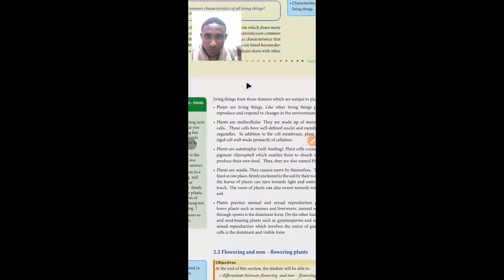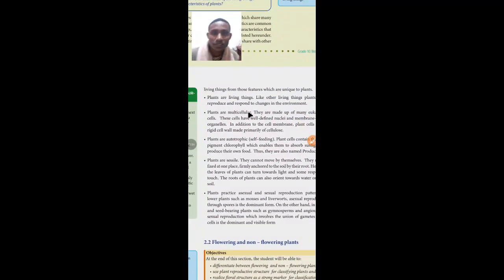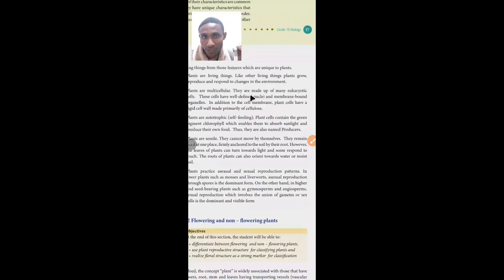We will see those characteristics clearly based on the book.